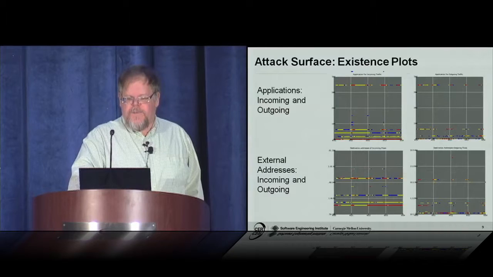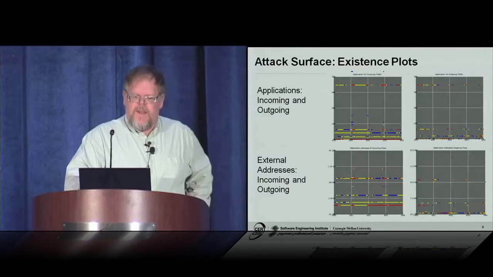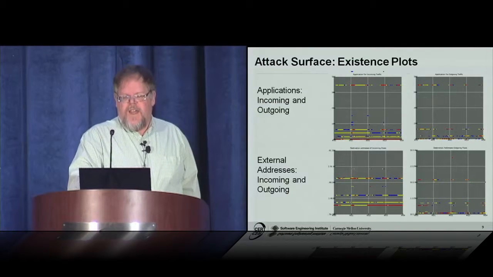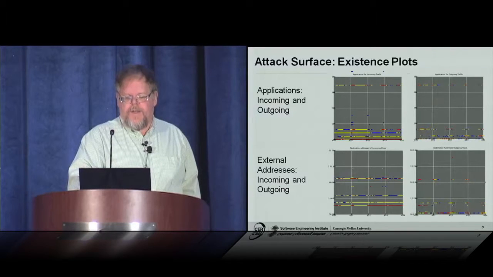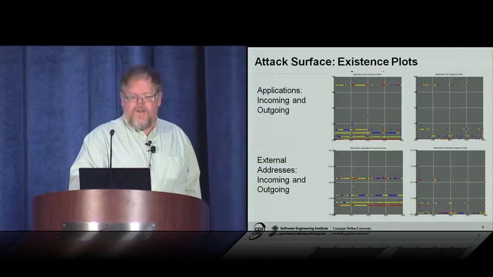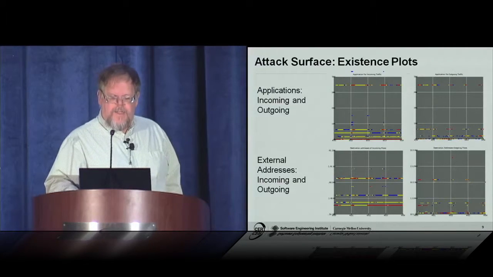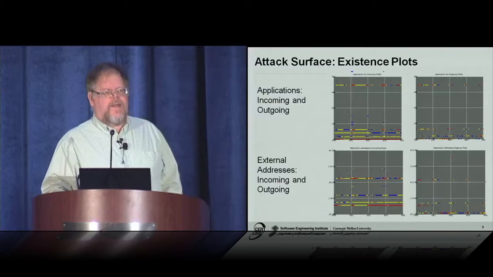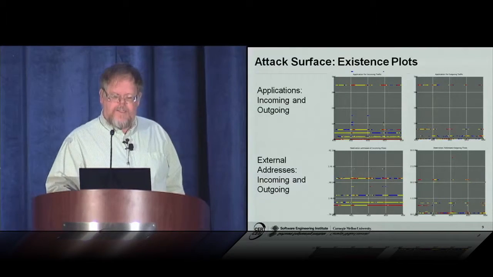Rather than display it yet again, we've used Jeff Janey's existence plots that he developed several years ago. The idea is to plot what the attack surface might look like dynamically, both incoming and outgoing, and looking at both what applications are supported, basically in terms of application labeling done by YAF, and also at what external addresses are involved.